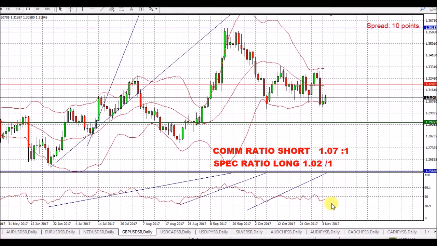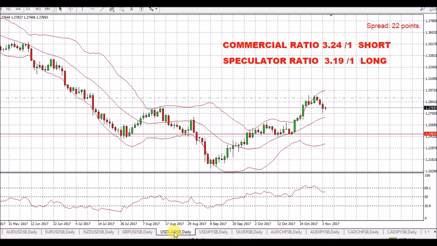If we look at the RSI, we're below the 50, but we're pointing back up because of these couple of long candles that we've got here. And I'm expecting weakness to unfold towards Friday.